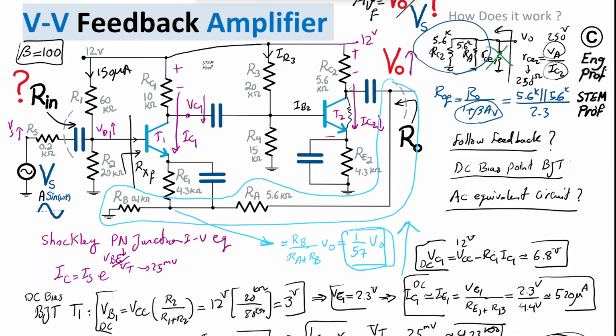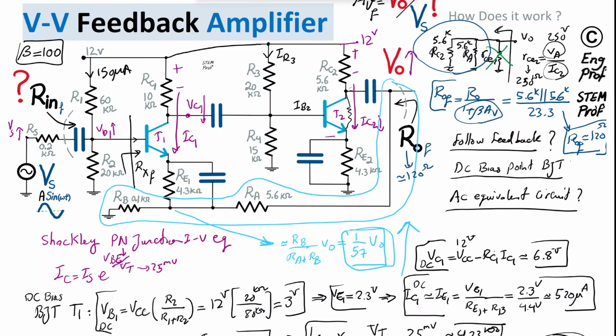If we compute this, we're talking about 2.8 kilo ohm divided by 23.3, so about 120 ohm. So the resulting Rout with feedback is roughly 120 ohm in this circuit. Therefore, in summary, Rout is roughly 120 ohm with feedback.